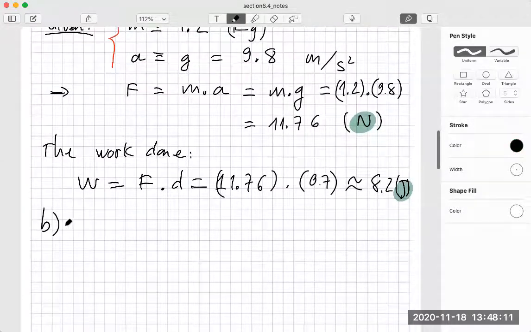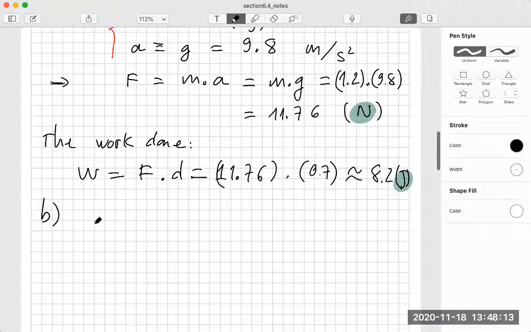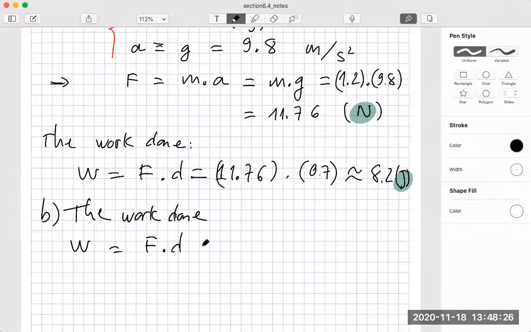In question B, the work done W is the same formula, but now we compute it in foot-pounds.